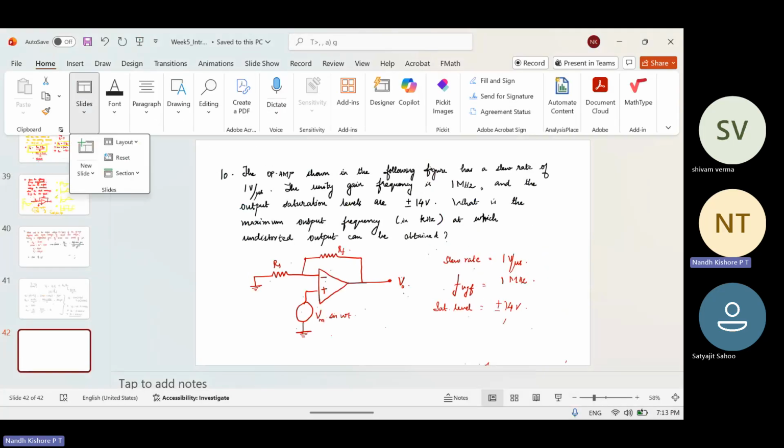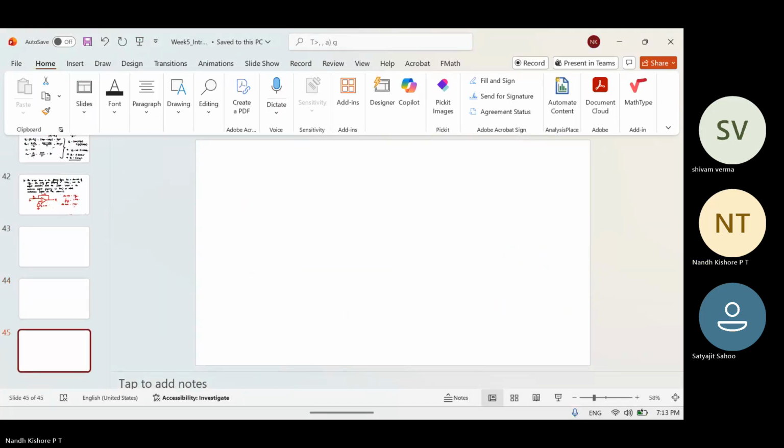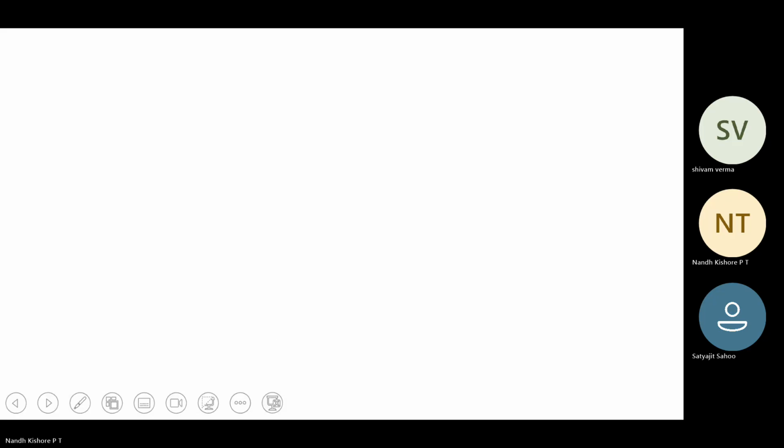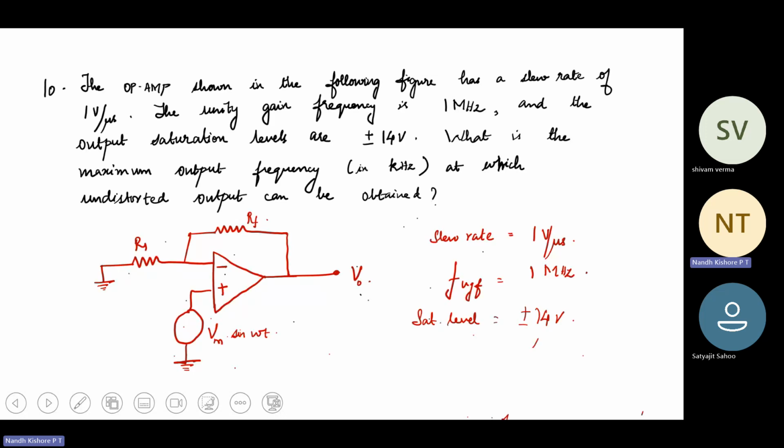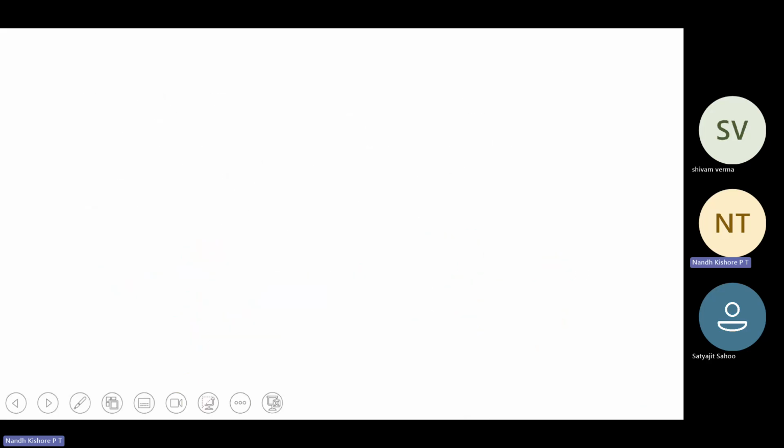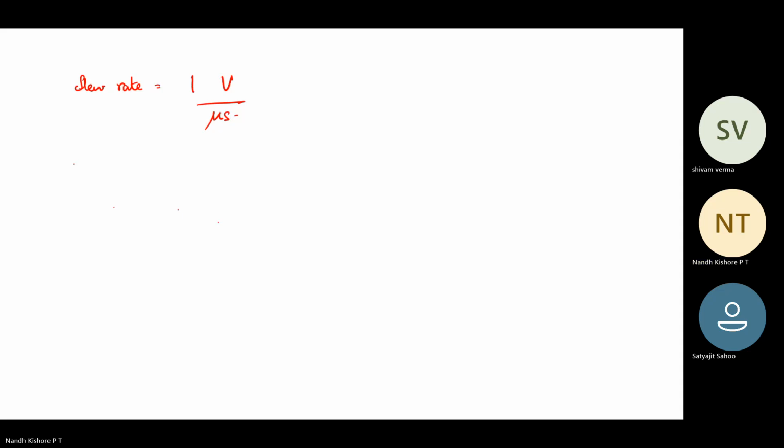So let me take some new slides. Even if you don't know how to solve the problems, we can easily think a little and get the answer. So what have they given us? Slew rate is basically 1 volt per microsecond.